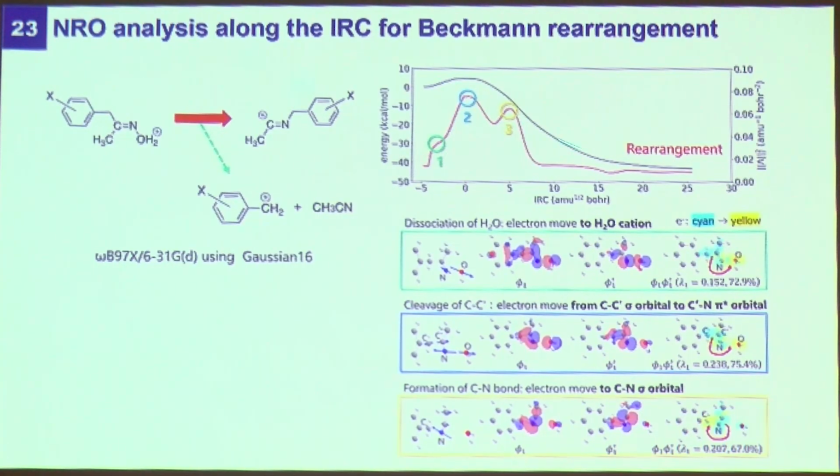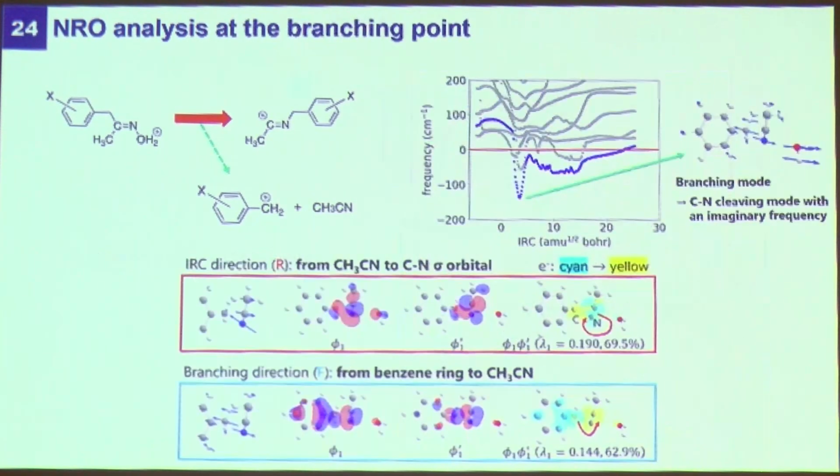So there are three parts where electron flow occurs. And at the transition state, CC dash dissociation occurs. The first peak corresponds to water dissociation, and the third peak corresponds to CN bond formation. These can be understood by this picture.